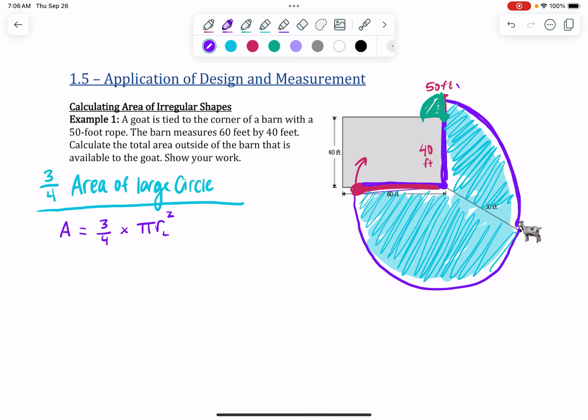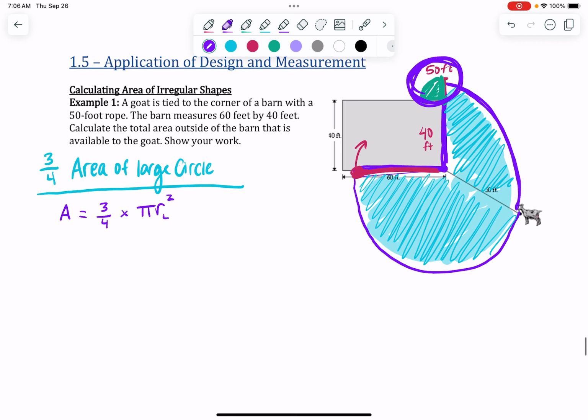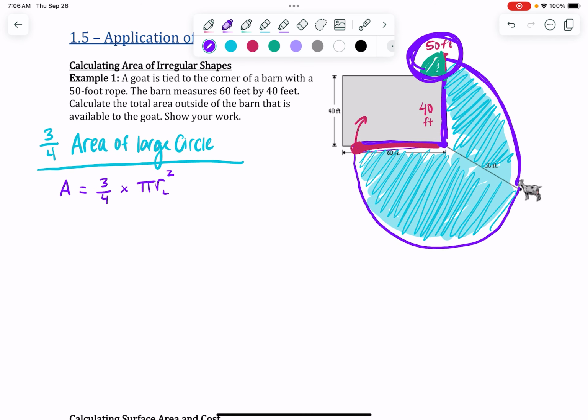Now before we actually do the calculation, I also have this other small section here. The small section's also circular, there's that pivot point, but I only have 1/4 of that. So I have 1/4 area of a small circle.